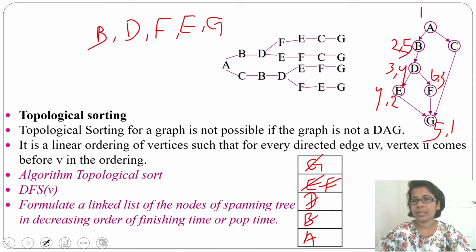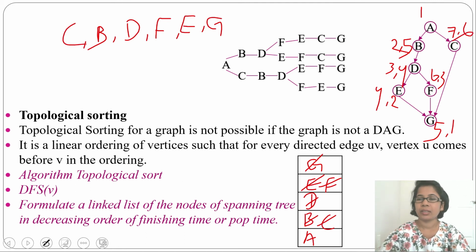Then is any adjacent of A left? Yes, C is left, just push C onto this stack. Here it will be 7. Now is any adjacent of C left? No, so just pop C and write it here. Then I will pop A, so I will write 7 here.